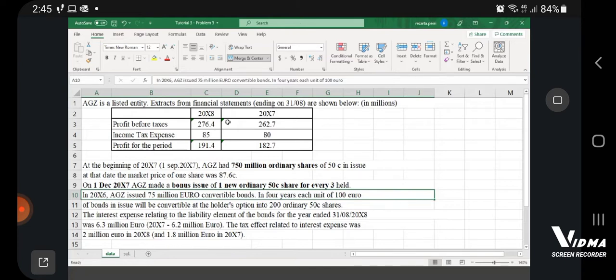Then in 2006, so previous to these 2 years, the company had issued 75 million euro convertible bonds.